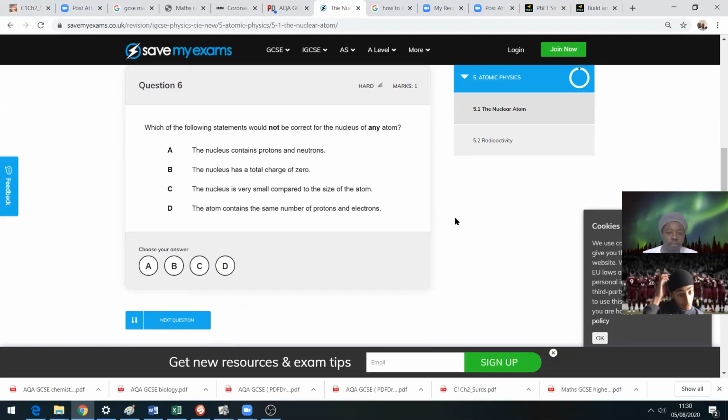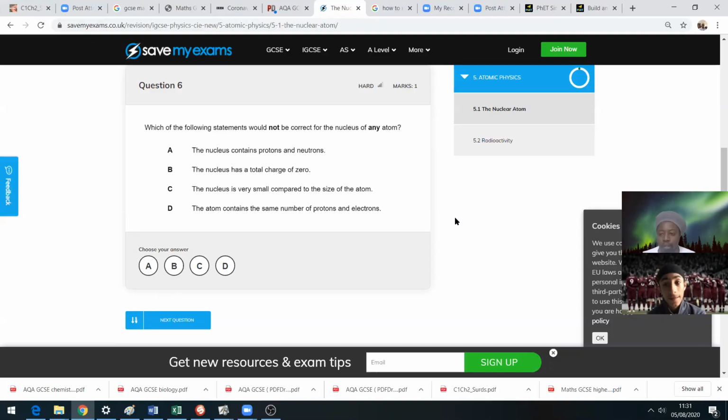Would that be? Wait, so can we pick two then? Because it says statement, and I found two. You can only pick one in this one. Only one. Oh no, then it is B. Absolutely B. The nucleus is the total.